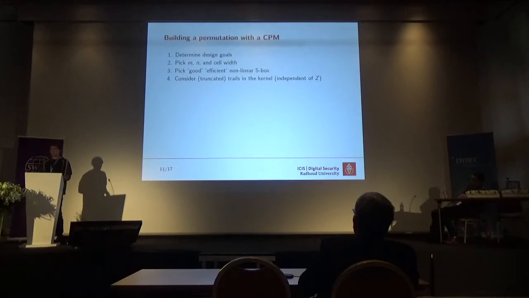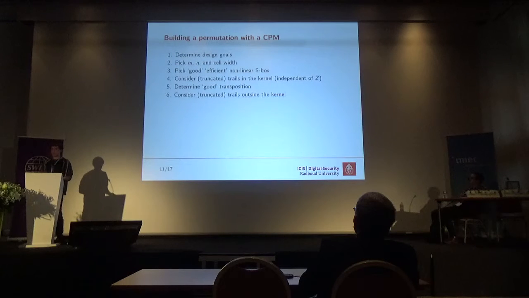You can pick some nonlinearity reasonably independently. And now we can consider truncated trails in the kernel, which is completely independent of the parity folding matrix, so we don't have to choose that yet. We can start by choosing this transposition independently of the column parity mixer, because there should not be any attack possible there anyway.